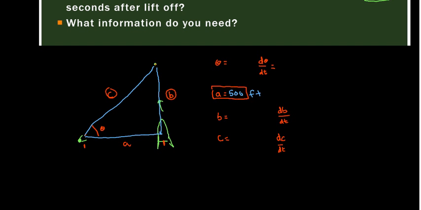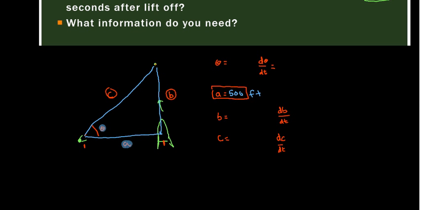We're most interested in theta, because that's what our question asks us. How fast does that angle change? So we need something that relates theta and these other variables. I'd like to use A because it's not changing. That would be kind of nice.